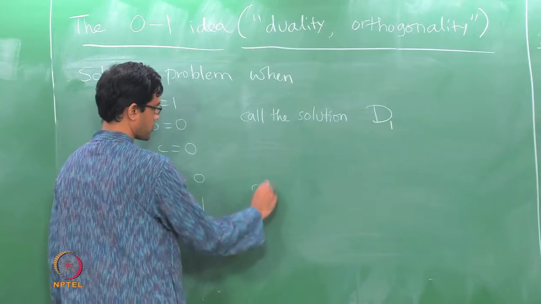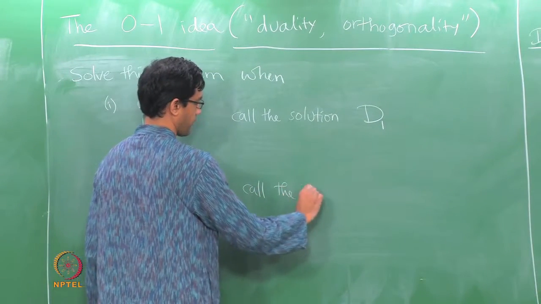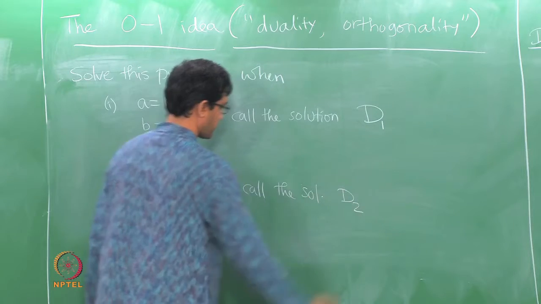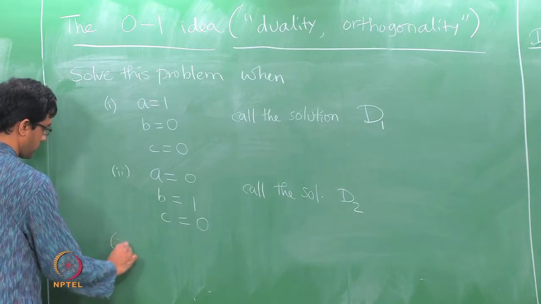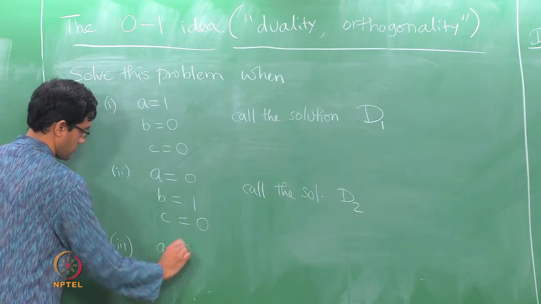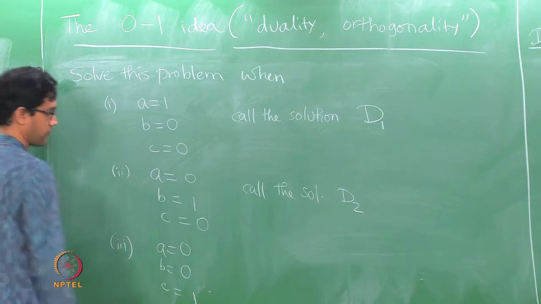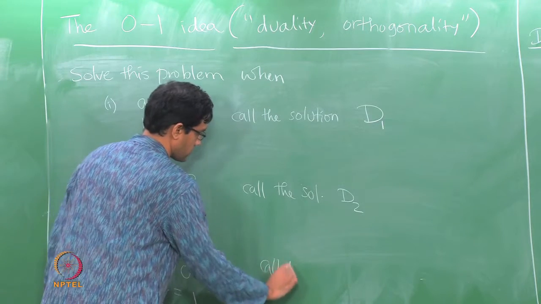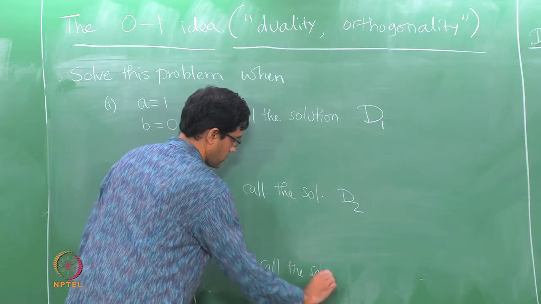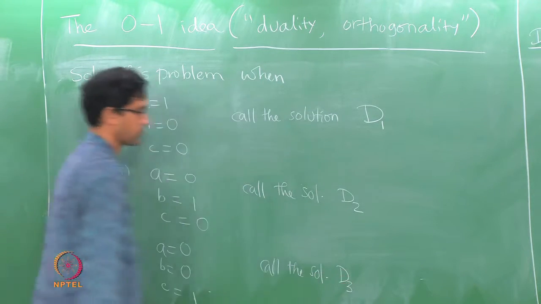Suppose we can solve this problem, call the solution D2, and we solve the third problem, which is dot product 0 with the first 2 vectors and 1 with the third vector, and call that solution D3.